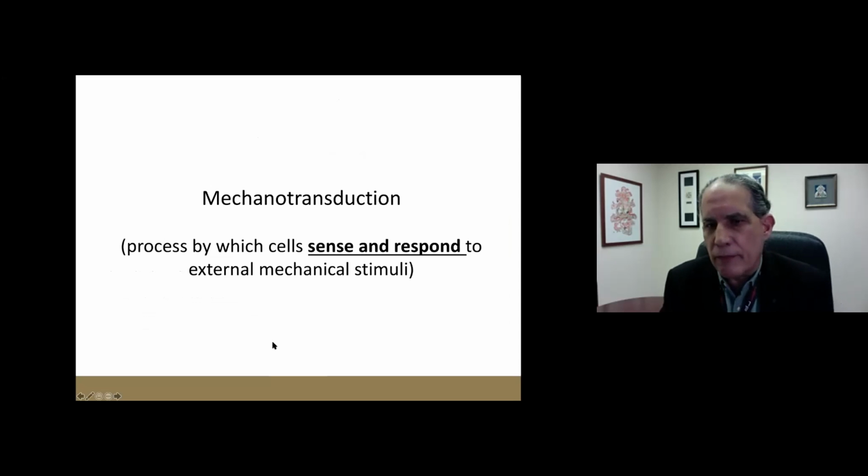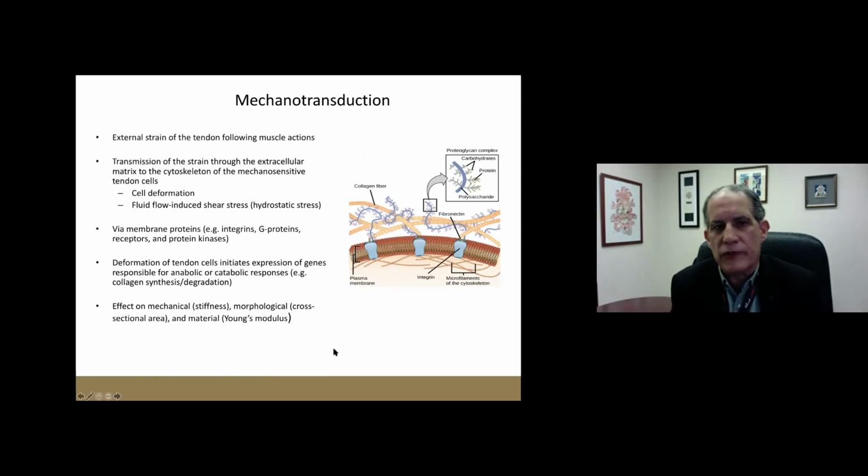Now, the basic mechanism is what we call mechanotransduction. This is the process by which the cells in the tendon sense and respond to mechanical stimuli. This is how it works. You have the text on the left and the image on the right. Essentially, there is strain of the tendon because the muscles are contracting. There is muscle action that will put strain on the tendons.